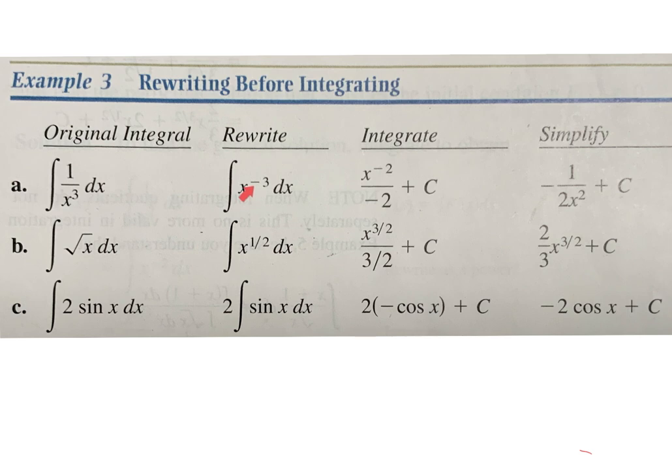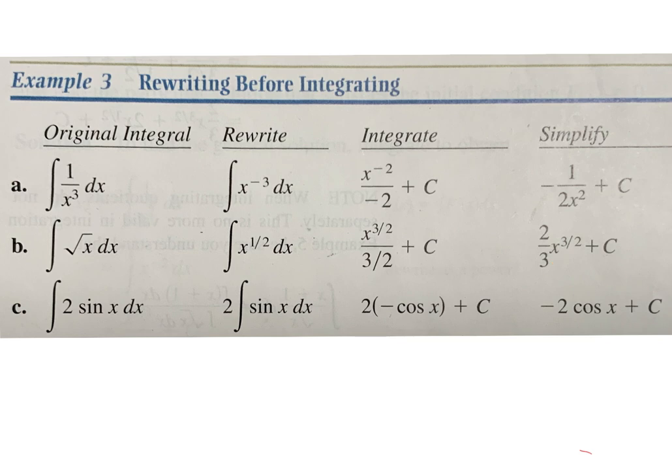What's my new exponent? x to the -2 divided by -2, all right? This x to the -2 needs to go on the bottom with that 2, so -1 over 2x squared plus c, right? x to the 1/2, if you add 1, your new exponent is 3/2, and you divide by 3/2. When you divide by a fraction, you keep, change, flip. So that's 2/3 x to the 3/2 plus c.